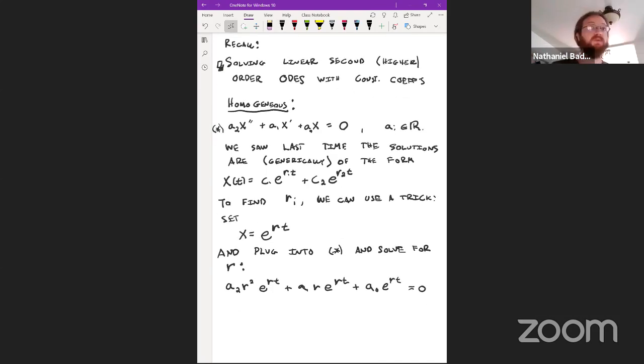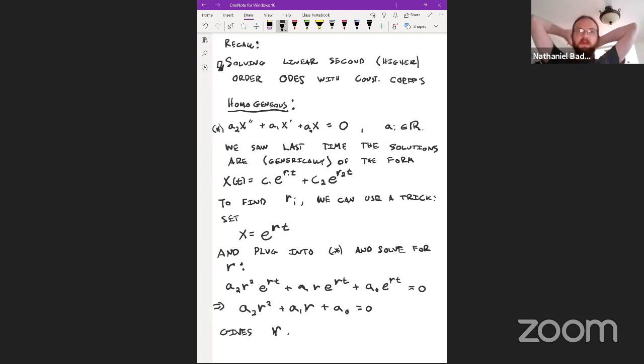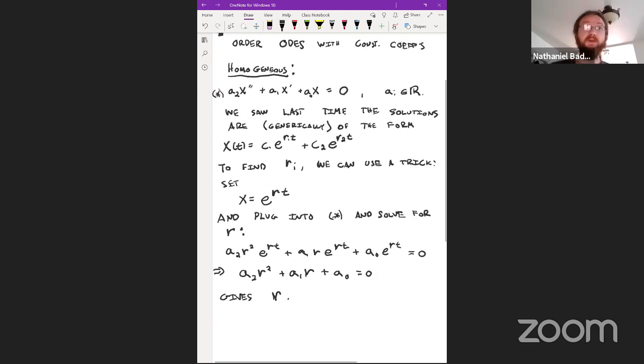Since e to the rt is always non-zero, this implies that we just have a quadratic polynomial, which gives r. So if we solve this equation, generically we'll get both of our values for r. Any questions?